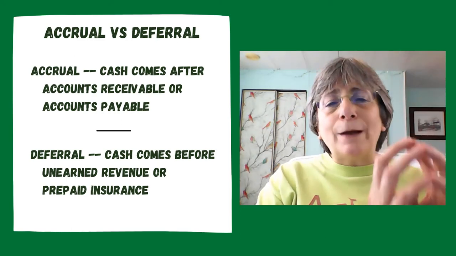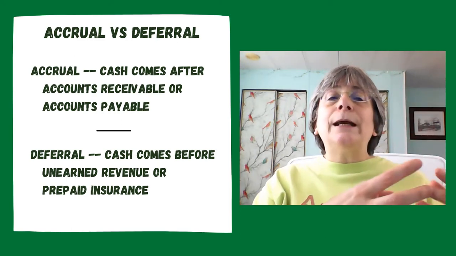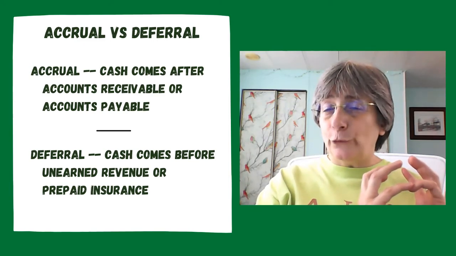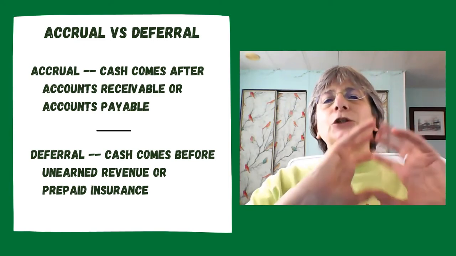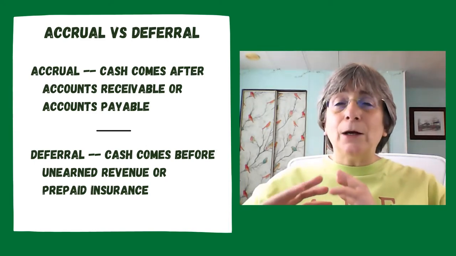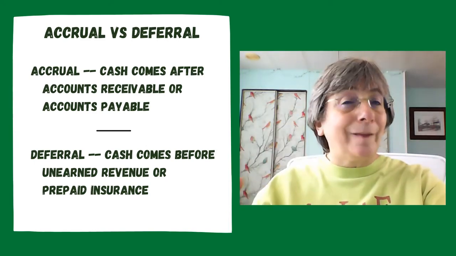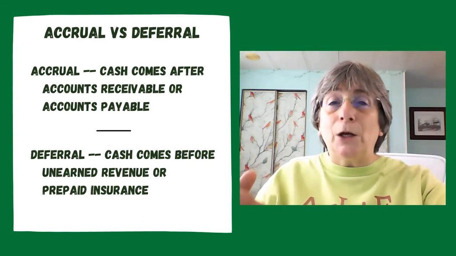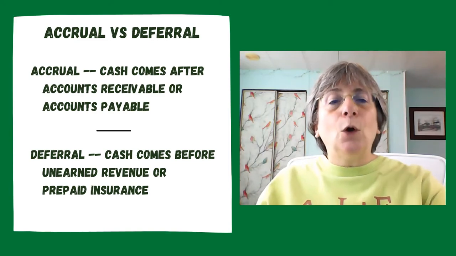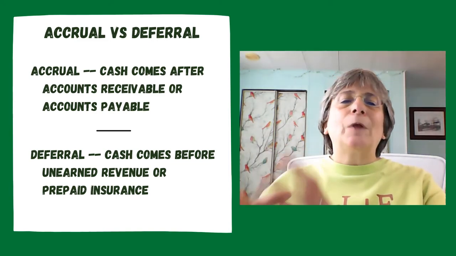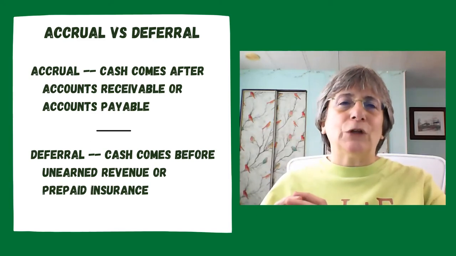So under the revenue side of things, we could get cash before the transaction, a deferral, or we could get cash after, accounts receivable. On the expense side, we could be paying later because we bought it on account. That would be an accrual, cash comes after, or we could be prepaying, a deferral. The cash comes before the transaction.